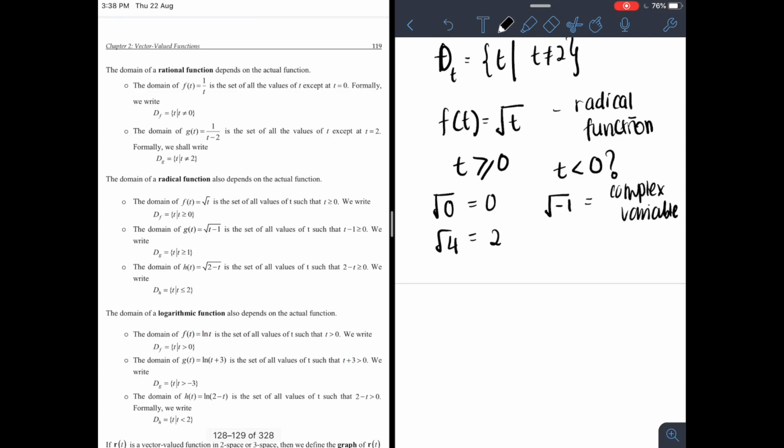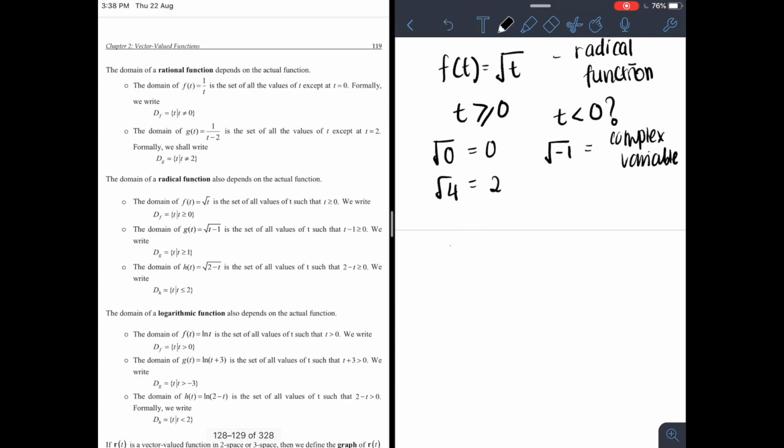So in order for the radical function to be defined, the value of t should always be larger than or equal to 0. That's why the domain of any radical function is presented like this: D_f = {t such that t is larger than or equal to 0}.